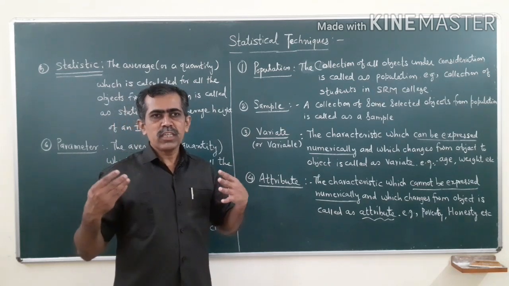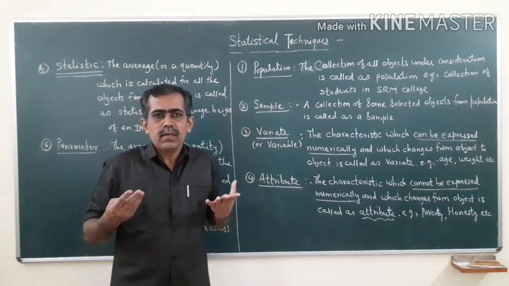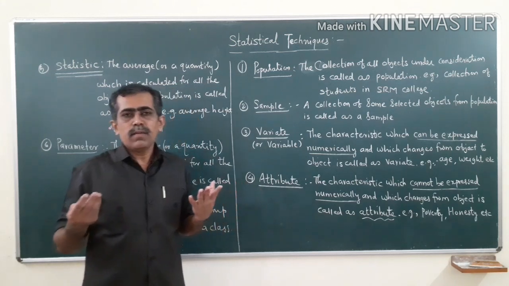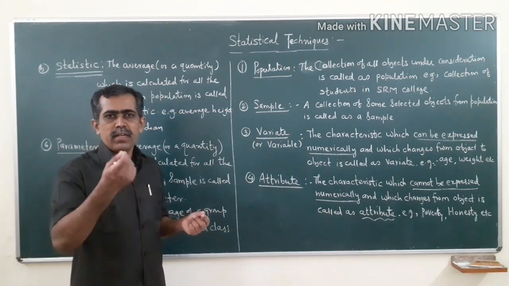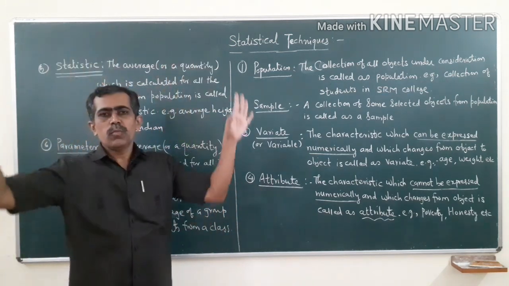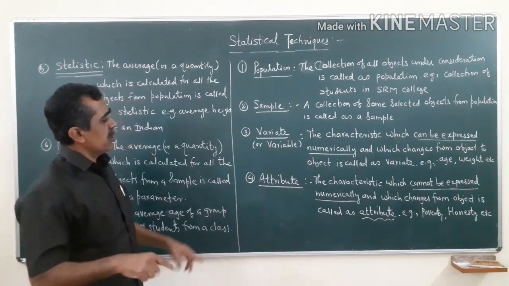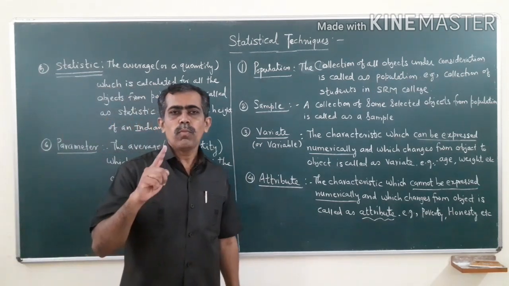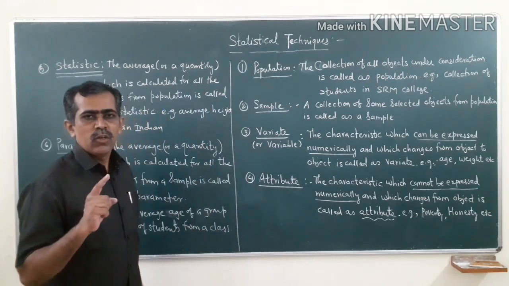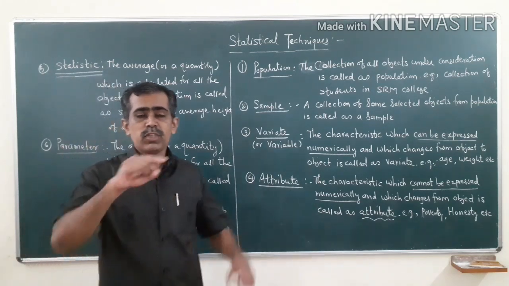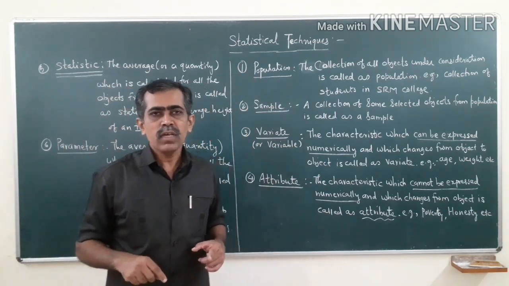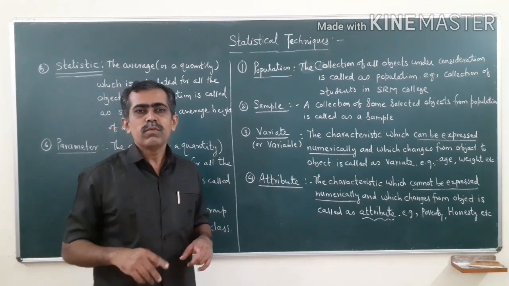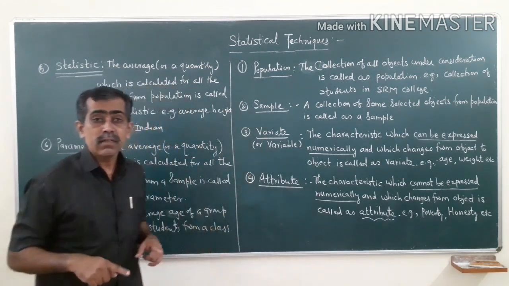My population is the whole of the people from India, and if I collect the data about their height and find a single number which will represent the height of all Indians, we know the average height of an Indian is 5 feet and 6 inches. So that is a single number which represents the whole of the population.